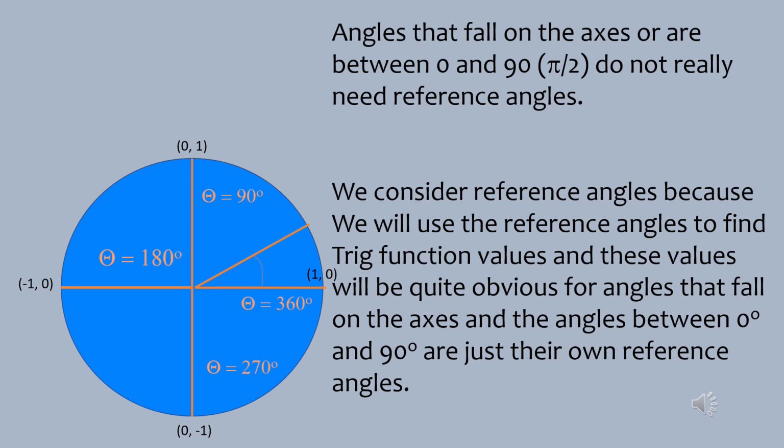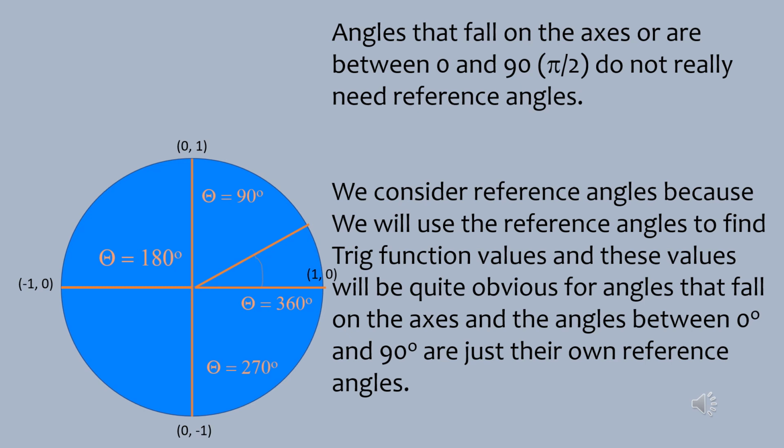If you're working with vector problems and a vector happens to point straight up the y-axis, again, that's going to be a very obvious situation. So it's really not necessary to refer 90 degrees or 270 degrees to some other angle. It's going to be kind of obvious from the picture what your coordinates are.